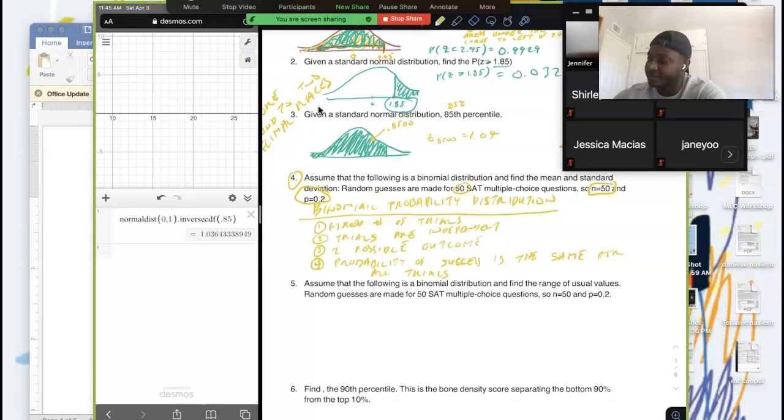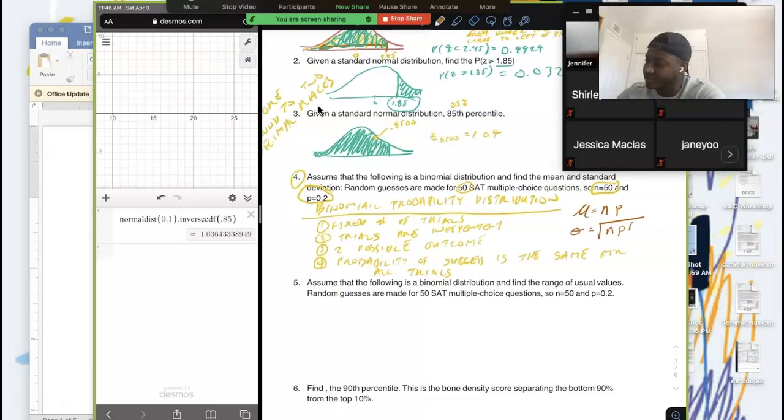All right, so if we have a binomial distribution, there's a couple of things we know. To find the mean, we multiply the number of trials times the probability of success, and that will give us the mean. To find the standard deviation, you take the square root of n times the probability of success times 1 minus the probability of success.